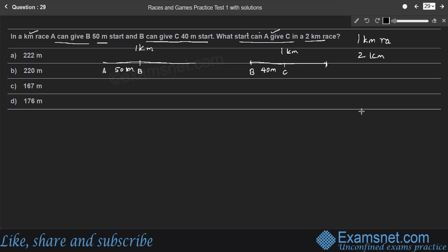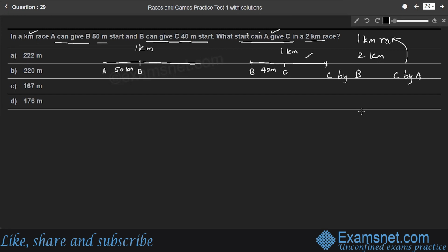So first in 1 kilometer race, the start given to C by A, not by B. By B, it is directly given in the question, right? You have to consider start given to C by A in 1 kilometer race. For that, consider the given information, right?